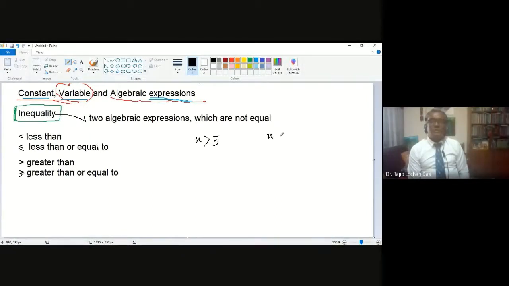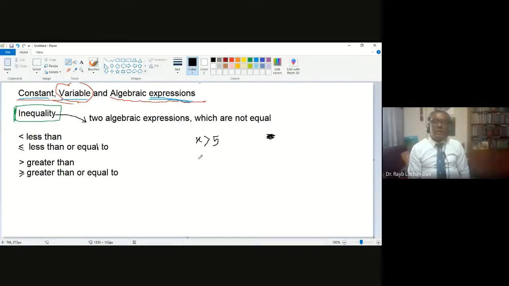More than 5 means many thousands, millions of numbers possible. So maybe 6, 7, 8, 9, 10. Even 5.1 may be possible also.